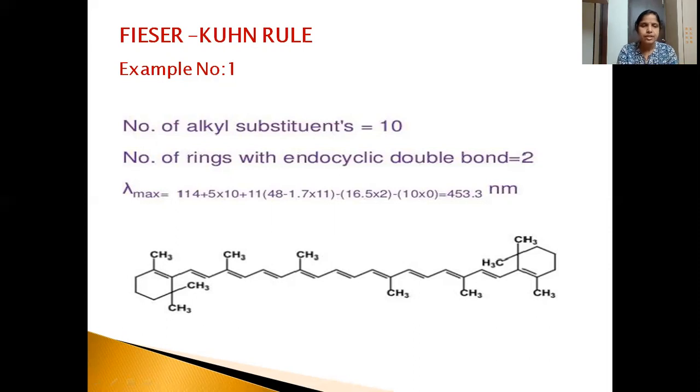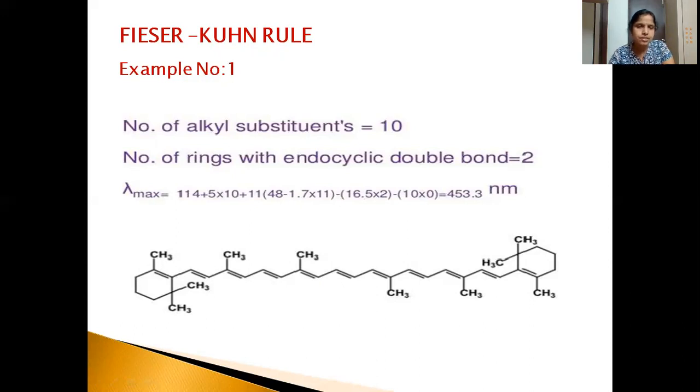Now how many conjugated double bonds are there? All the double bonds in conjugation we need to add: 1, 2, 3, 4, 5, 6, 7, 8, 9, 10 and 11. So it has 11 conjugated double bonds.